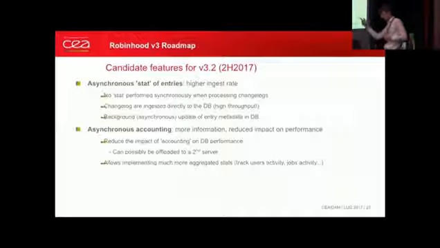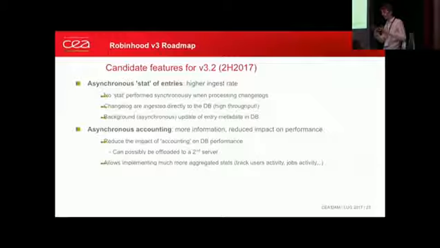For the version after, so version 3.2, we are working on asynchronous stat of entries. We are deferring the retrieval of some of the attributes of the files so as to increase the ingest rate and the performance in general. And we are working on asynchronous accounting.